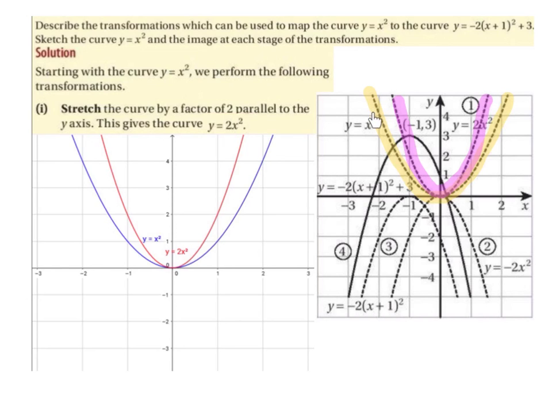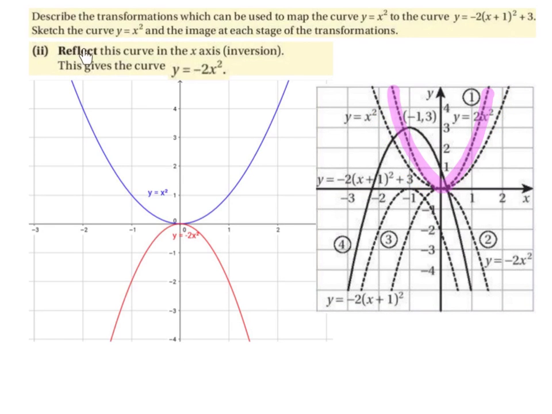So y equals x squared is our original graph and y equals 2x squared is our new graph. What has happened is the curve has been stretched by a factor of 2 parallel to the y-axis. So it's basically been made skinnier, it's been stretched.